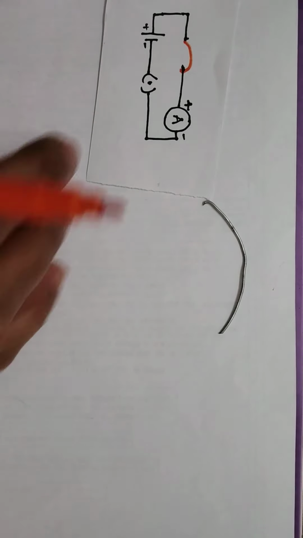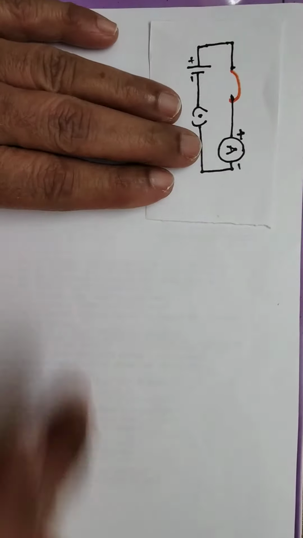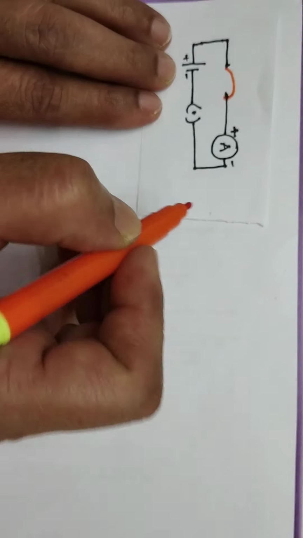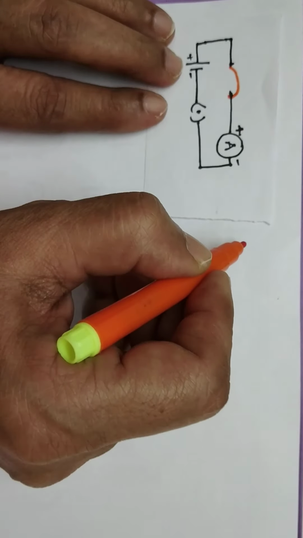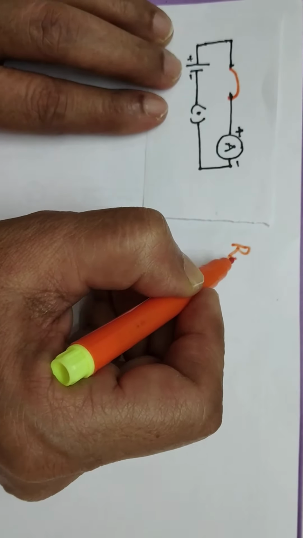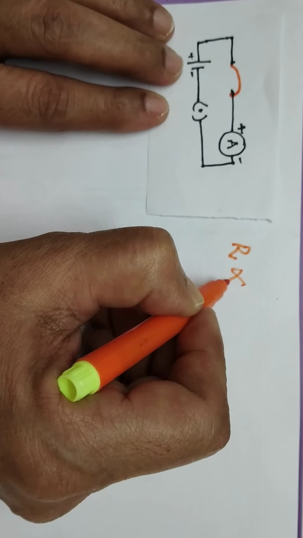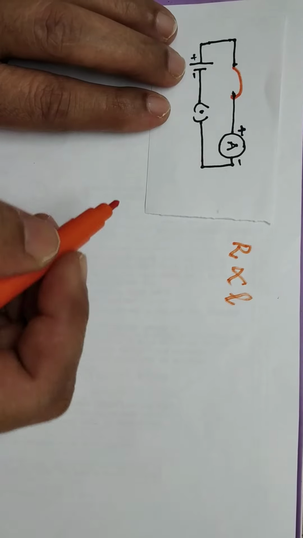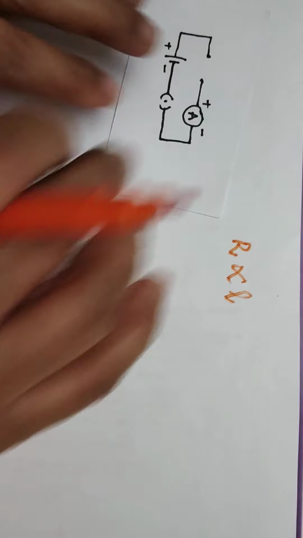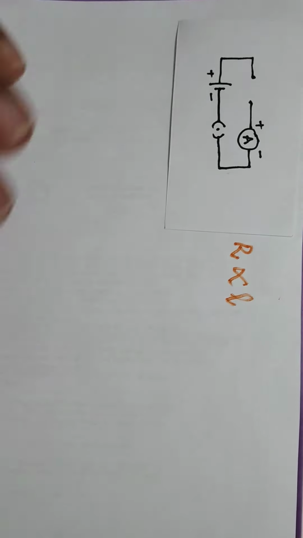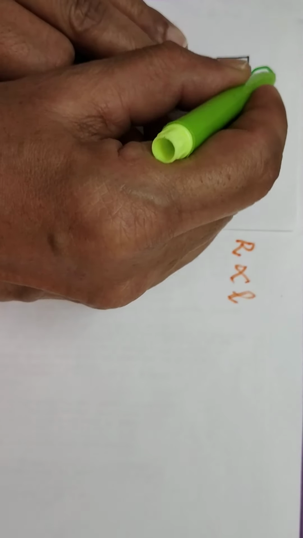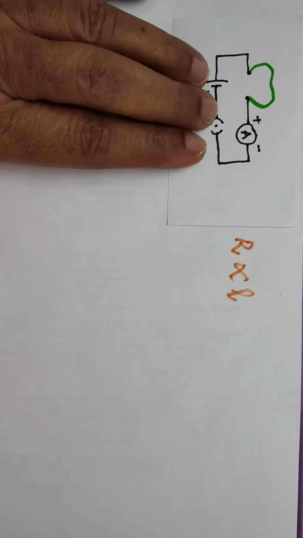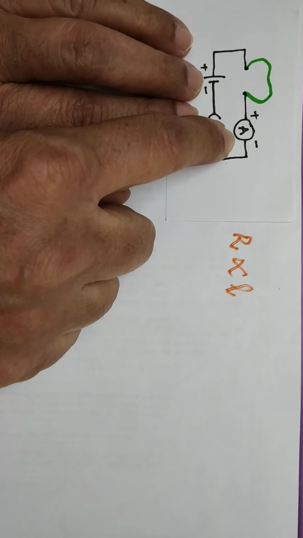Is it clear? Now, you can say that resistance is proportional to the length of the wire. Suppose you take a longer wire, what do you find in the measurement of current?